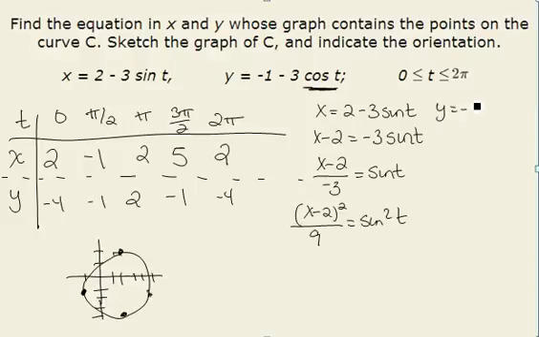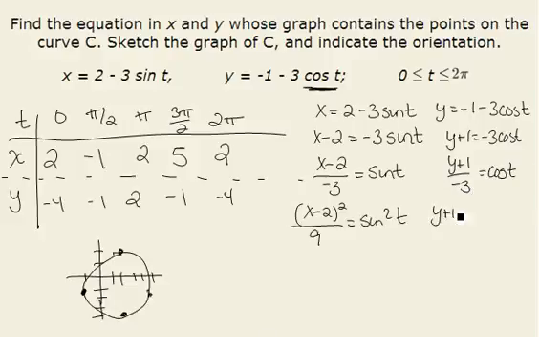Likewise, we could do the same thing for y. y is equal to negative 1 minus 3 cosine t. Add 1 to both sides, and divide each side by negative 3. Then finally, squaring both sides, we have y plus 1 squared over negative 3 squared, or 9, gives us cosine squared t.